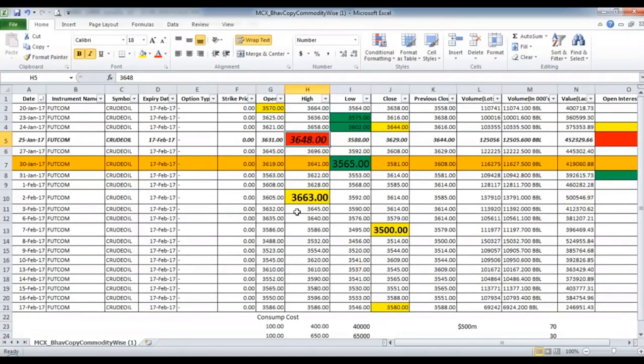Yes, sir. Do you see when it tried going above this red value, it failed? It came down, right? It tried going above this level, it failed. Correct? The same way, when it broke out this level, did it fall?